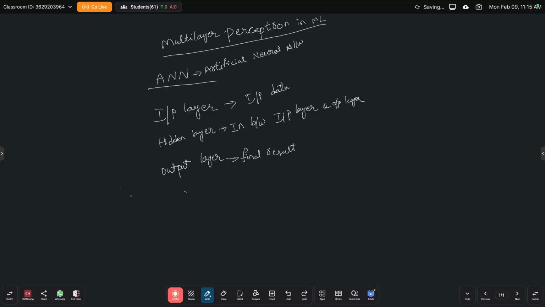Now I'll give the representation of multi-layer perceptron. How the multi-layer perceptron is represented. I'm writing here: representation of MLP. In shortcut, I'm writing MLP, students, multi-layer perceptron.